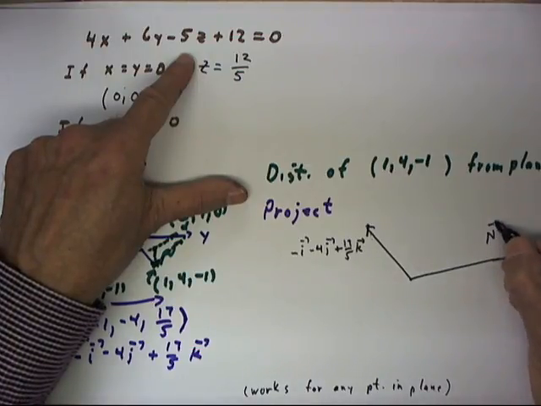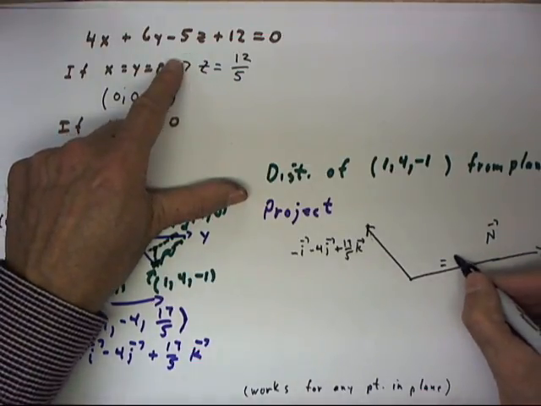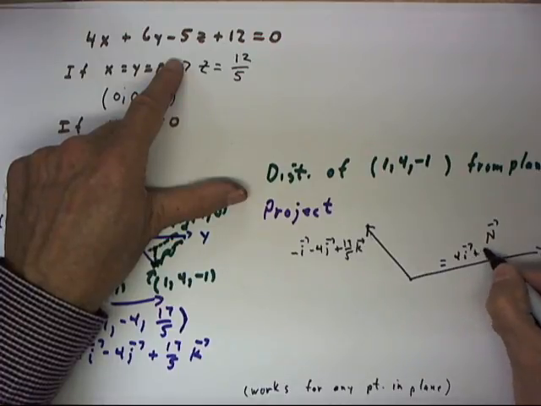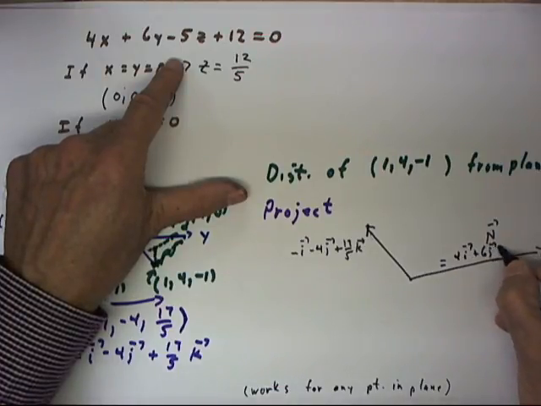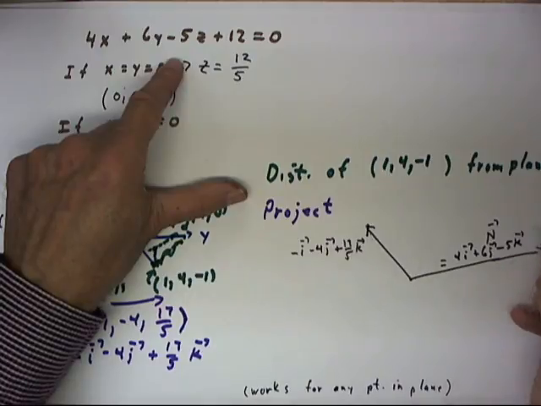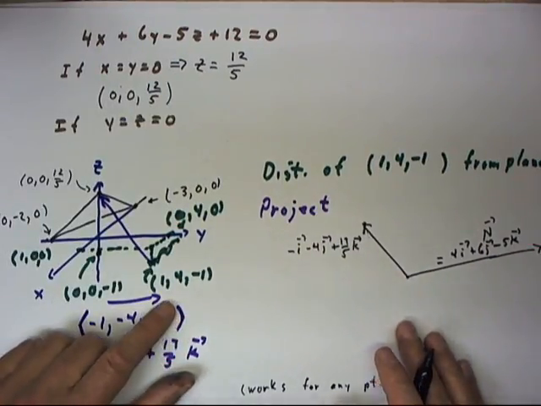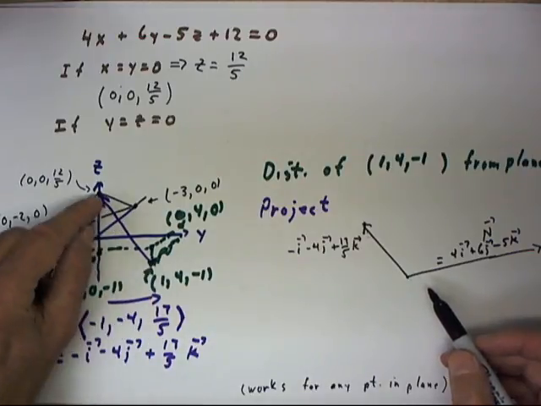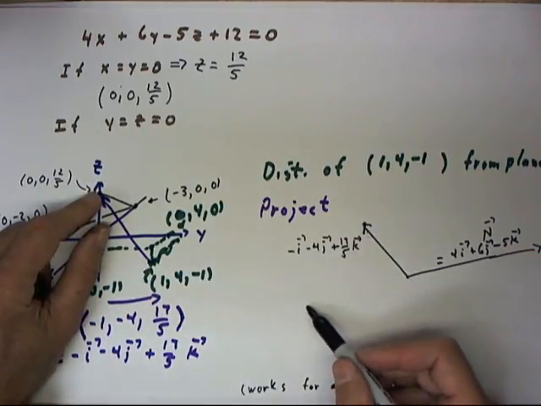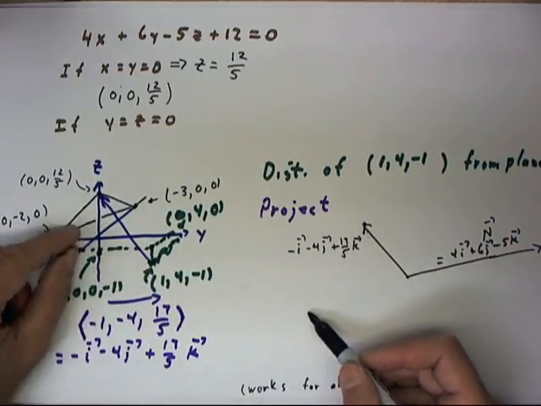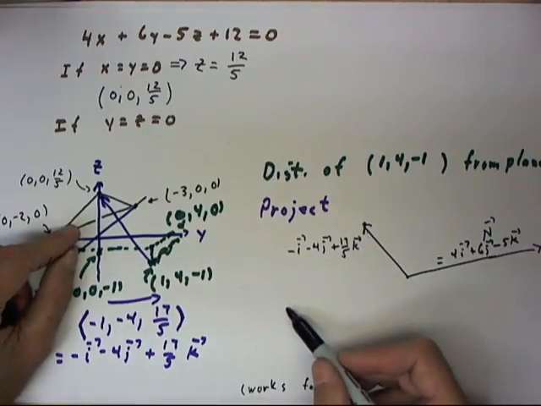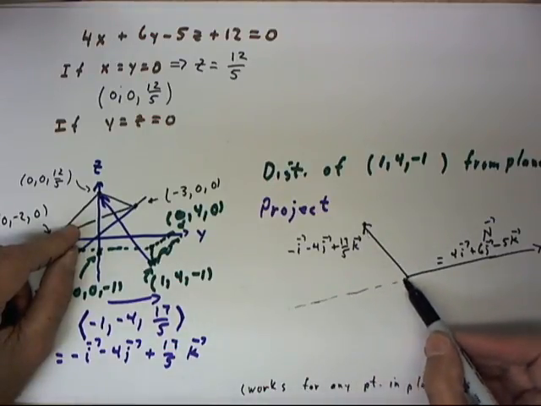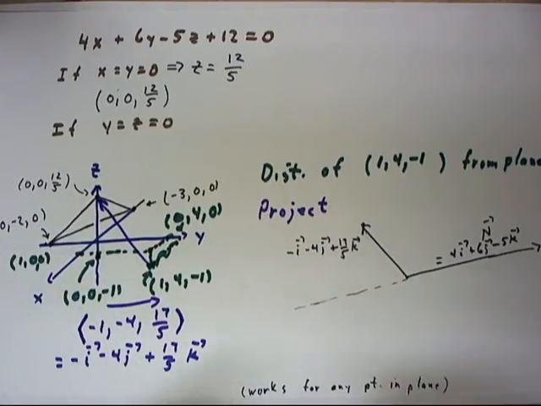So here's our normal vector, equal to 4i plus 6j minus 5k. Now we want to know what the distance is from this point to this plane. That distance is going to have to be measured at a perpendicular to the plane, meaning that it's going to have to be measured along the line of this normal vector.